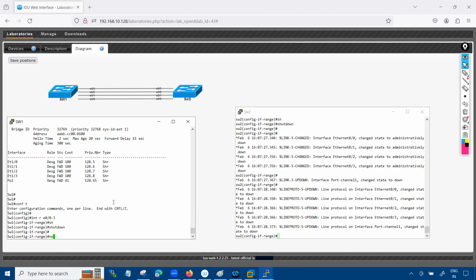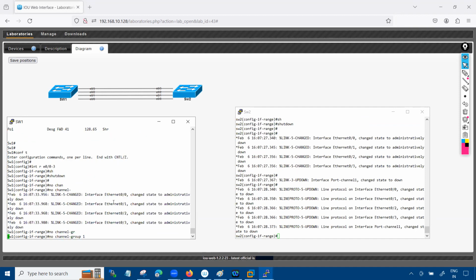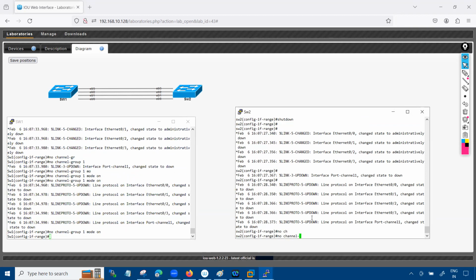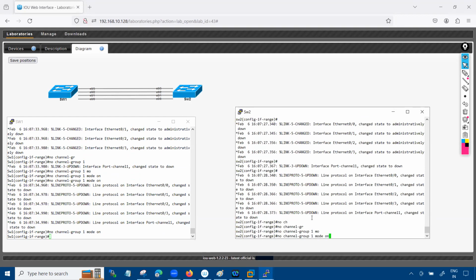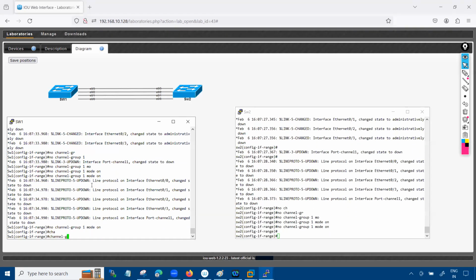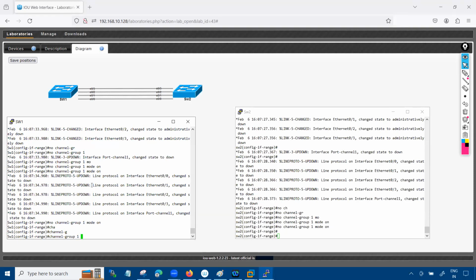Then no channel-group 1 mode on, I'm going to remove the static configuration, no channel-group 1 mode on. And now I can configure the channel-group. The one is the port channel number, or we can call it the interface. Whatever number you define there will become the interface number.